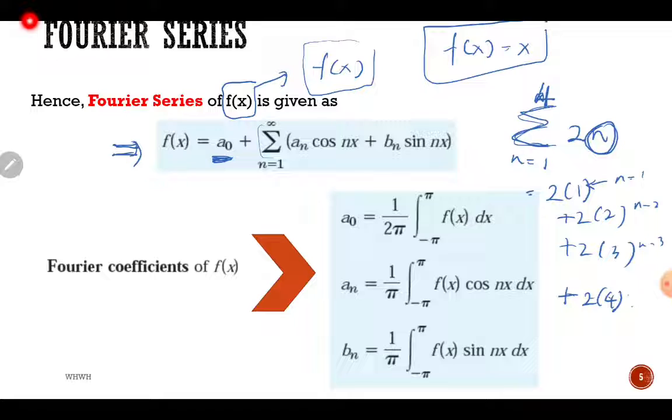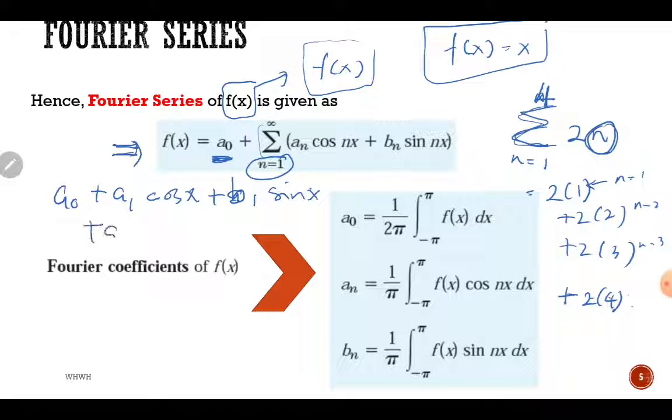Faham? So yang ni dia akan jadi a0 plus the summation n equals to 1 up to infinity. an, which is the first part, is the cosine series, an times cos nx plus bn times sin nx. So bila kita expand, kita akan dapat a0 tambah, start dengan n equals to 1 kan, a1 cos x tambah b1 sin x.